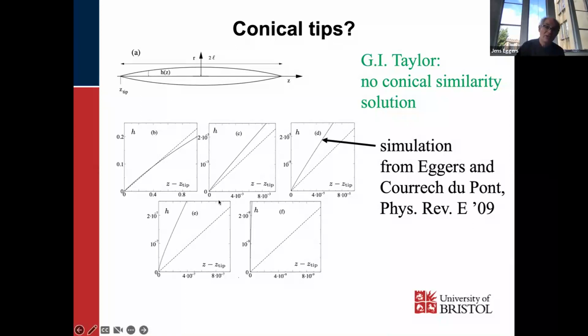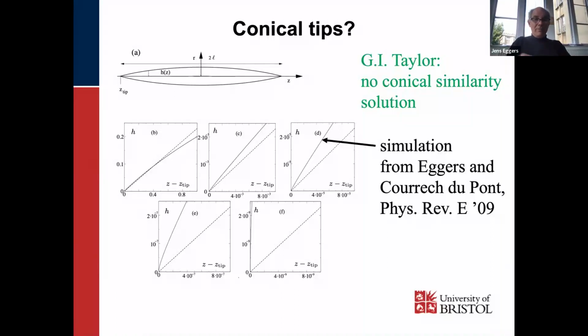So G.I. Taylor's theory would predict that the slope here is always the same, independent of the resolution because it's a cone. But what our simulations showed was that the real interface actually looks a little bit like a cone, which is also what we've seen in the experiments.